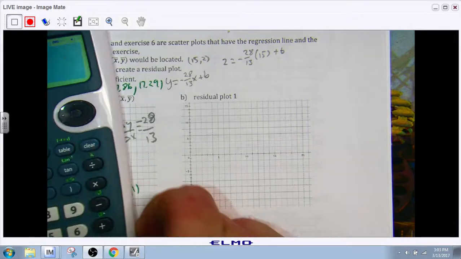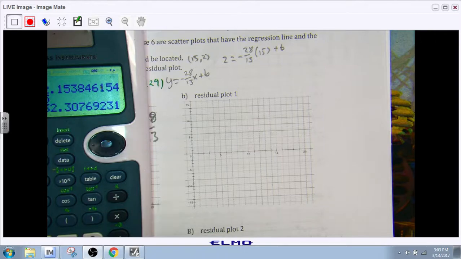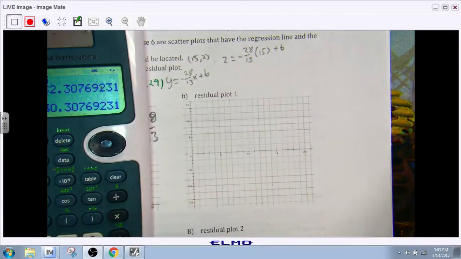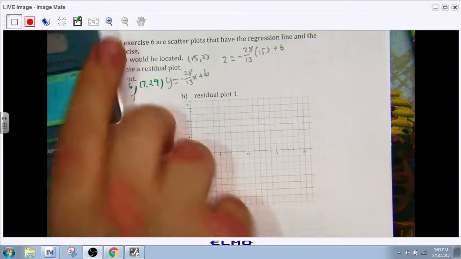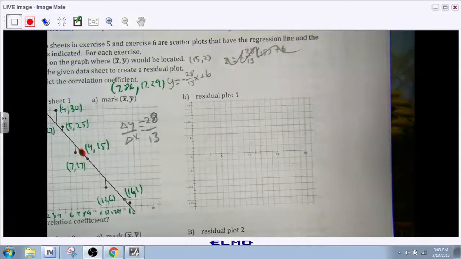So this ends up being 28 divided by 13 times 15 equals all of that. Oh my gosh, 2 minus that answer. Okay, so here's what we're going to do. We're going to say, let's just eyeball this thing.